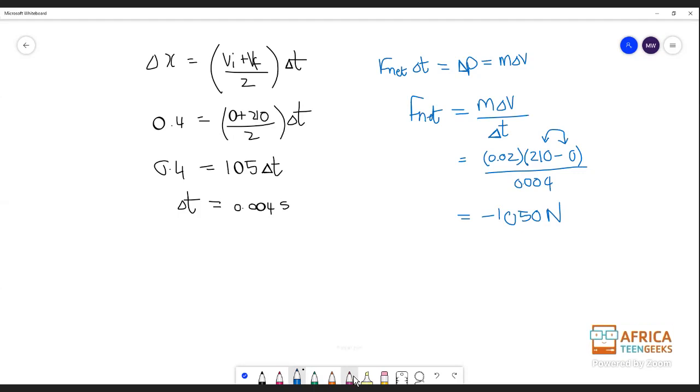So then you just say, that means you've got an F net of 1050 newtons to the left. Is that what everyone got? Yes, no, maybe? Yep. Okay, cool.